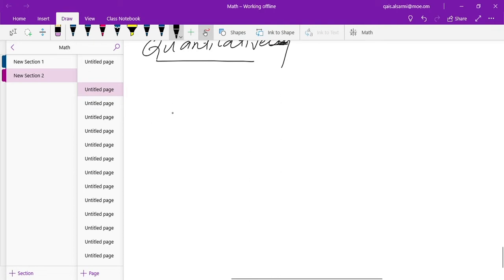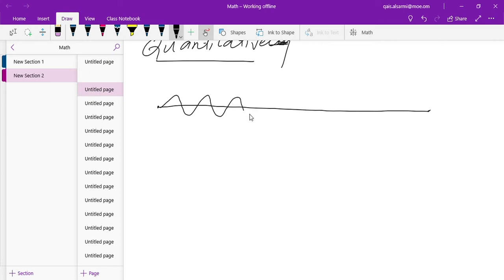Consider we have a string. Now the string is attached and fixed from both ends. Now consider a traveling wave is produced from one end by any agent or any machine. So this is how the traveling waves are produced in a string, and these waves are traveling in this direction.